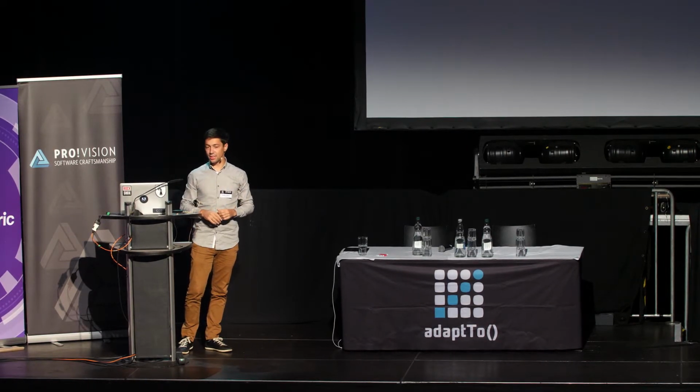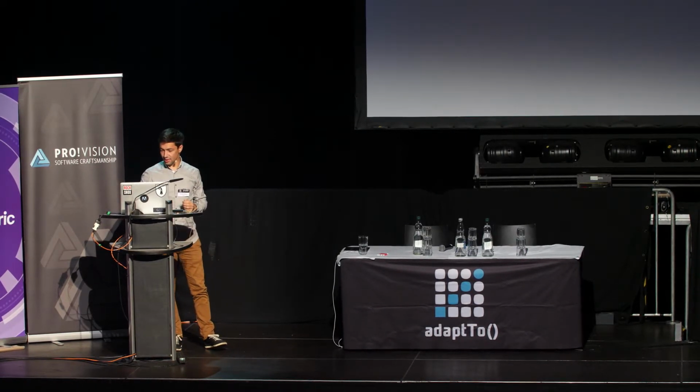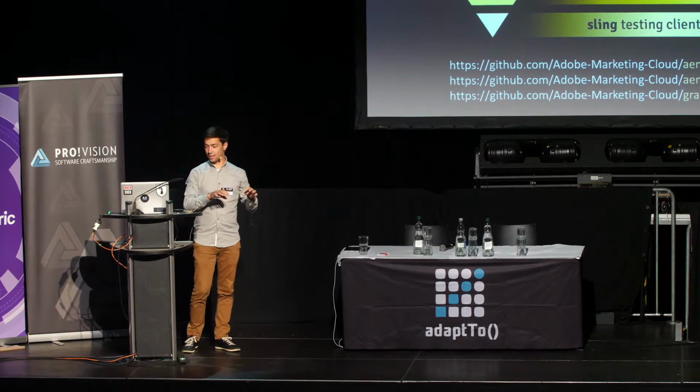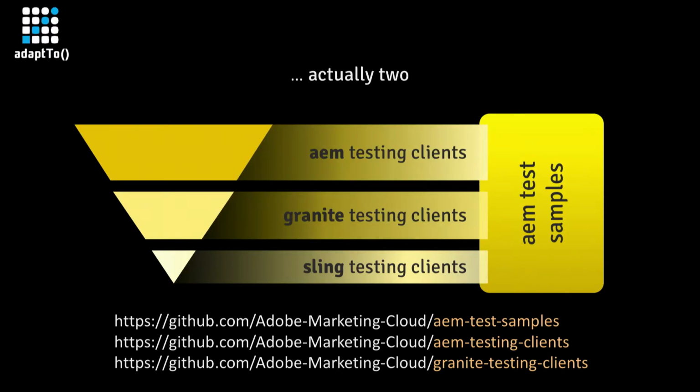So now, one more thing before I actually show you a small sneak peek into what it's going to be, is that besides the clients, which we actually separated into 2 layers, so there are going to be some Granite clients and some AEM specific clients to follow the layers of the product.